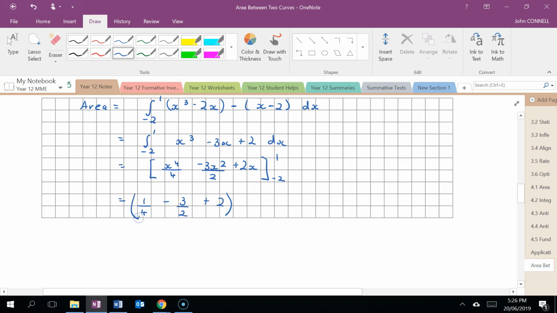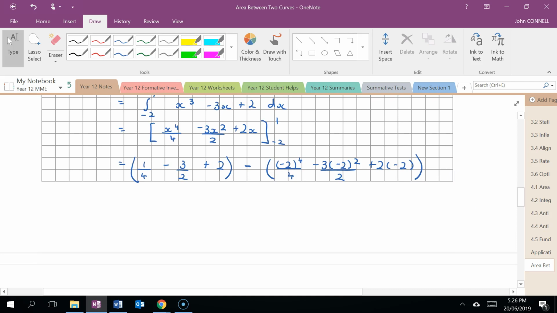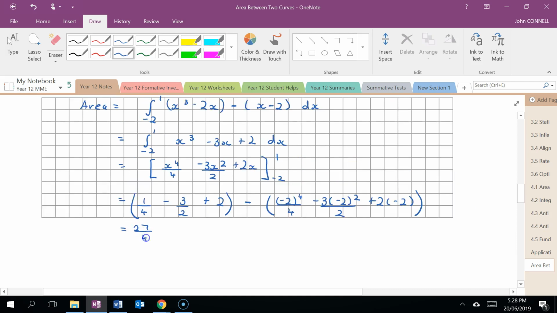So that's the value of my integrated function at 1, and then from that I'm taking away minus 2 to the power of 4 all over 4, take 3 times minus 2 squared on 2 plus 2 times minus 2. And so then if I evaluate all that, 27 on 4 units squared.